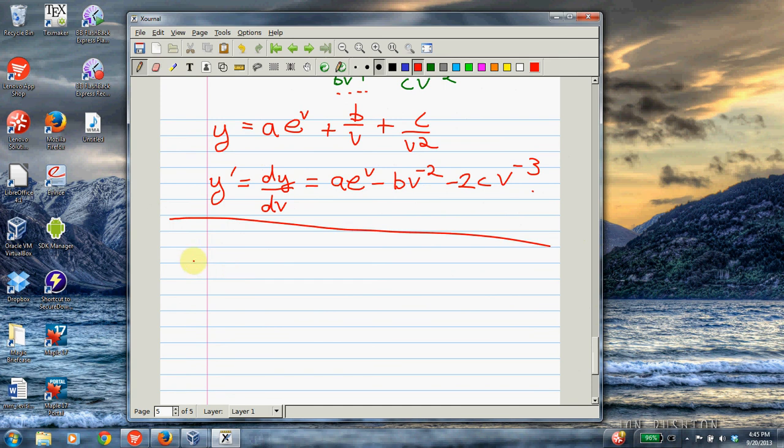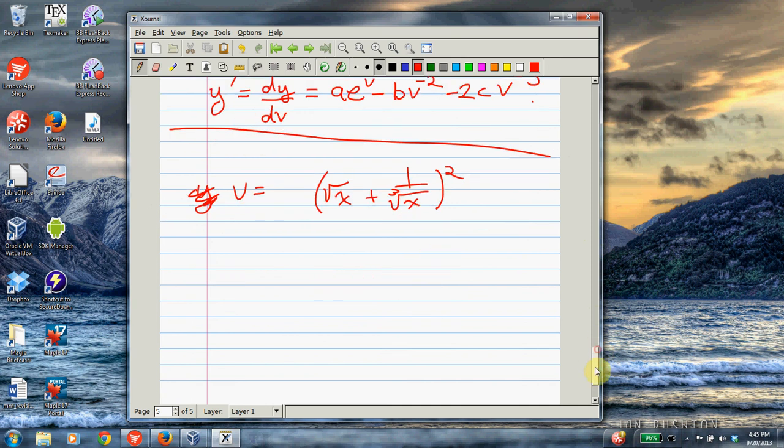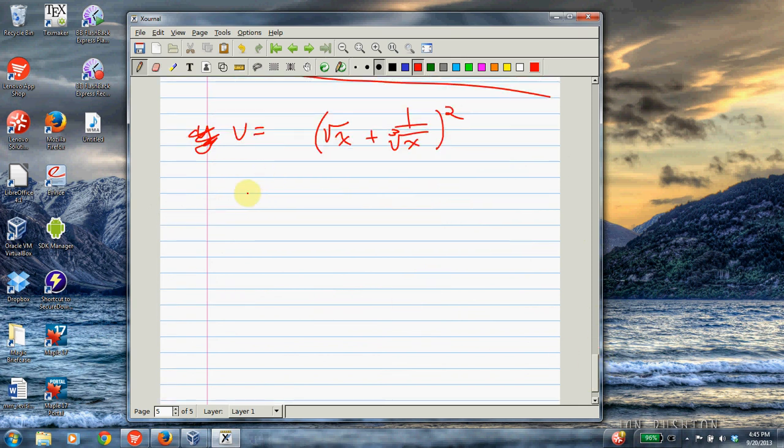Yes. So we've got v is equal to square root of x plus 1 over the cube root of x squared. And I'm going to FOIL this out. So this is equal to x, because the square root squared is x, right? Plus 2 times square root of x over the cube root of x.